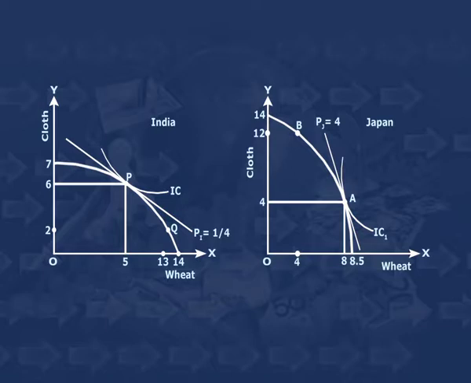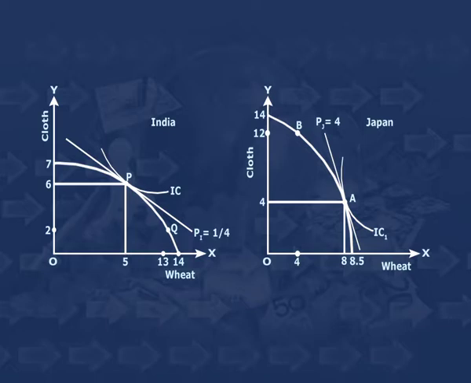The equilibrium relative price of wheat is given by the slope of the common tangent to its production possibility frontier and indifference curve IC at point P, that is Pi is equal to 1/4. Now let us take the case of Japan. Japan is in equilibrium at point A, where its highest possible indifference curve IC1 is tangent to its production possibility frontier.